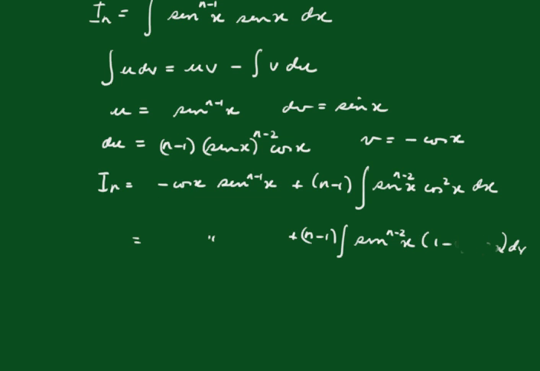Okay, now we're right to go. Now that's equal to plus n minus 1. When you multiply that by 1, that gives you the I_{n-2}, and then have a minus n minus 1. When you multiply that by that, it becomes sin to the n x, which is I_n.